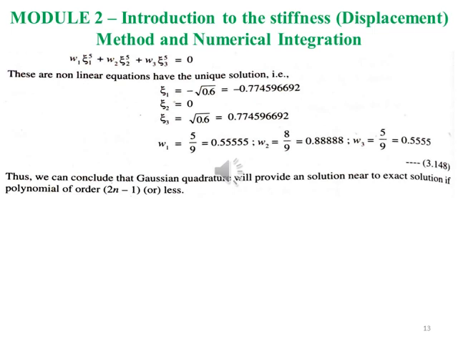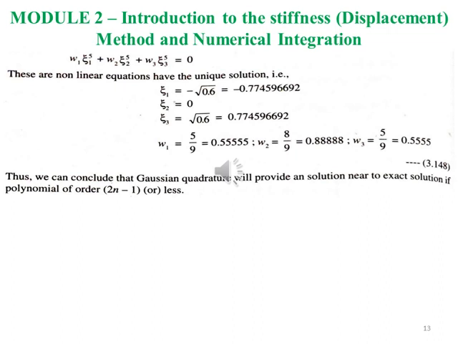On further substitution we get w1 z1 power 5 plus w2 z2 power 5 plus w3 z3 power 5 is equal to 0. For simplifying this and calculating the values for z1, z2, z3 and w1, w2, w3, we will have a non-linear equation with a unique solution when z1 is equal to minus root of 0.6, z2 is equal to 0, z3 is equal to plus root of 0.6, w1 is equal to 5 by 9, w2 is equal to 8 by 9 and w3 is equal to 5 by 9.